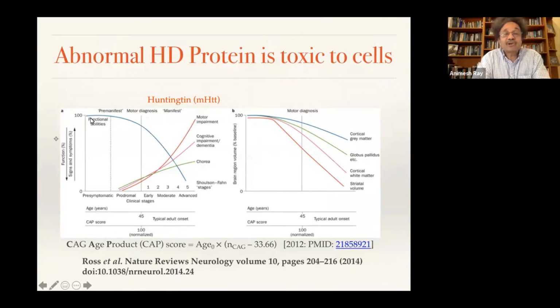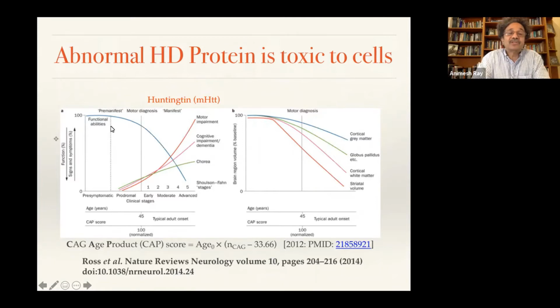But they measure functional abilities by various psychometric means, and this is an inferential curve which shows that it probably declines slowly first and then rapidly later with age. And around this time, you can diagnose it clinically because the effect is sufficient.